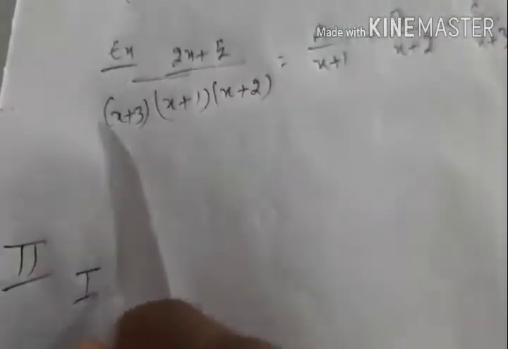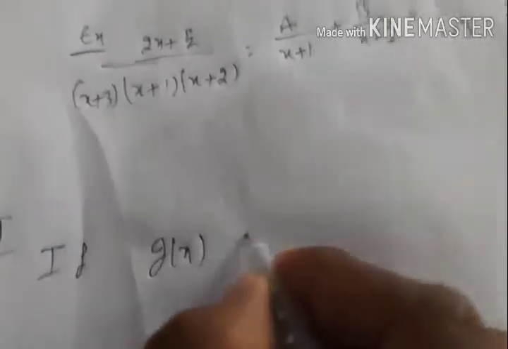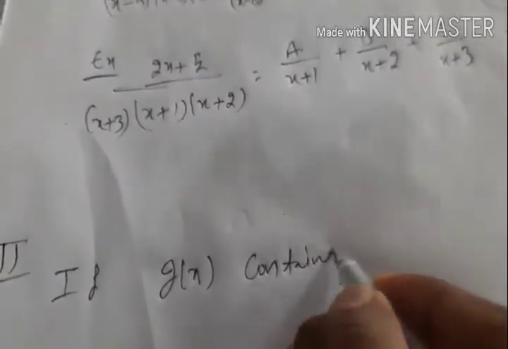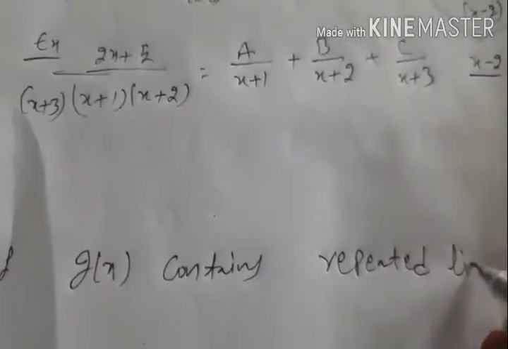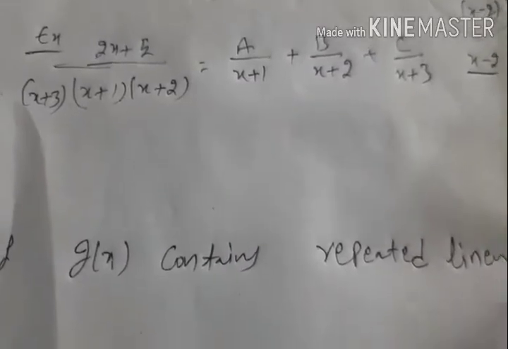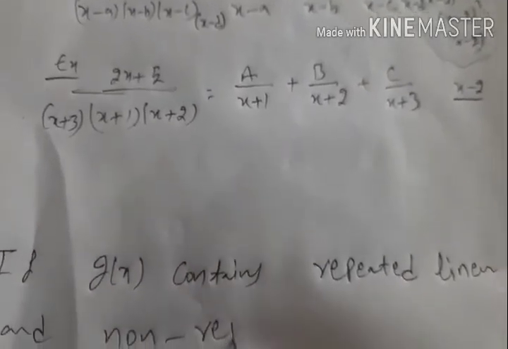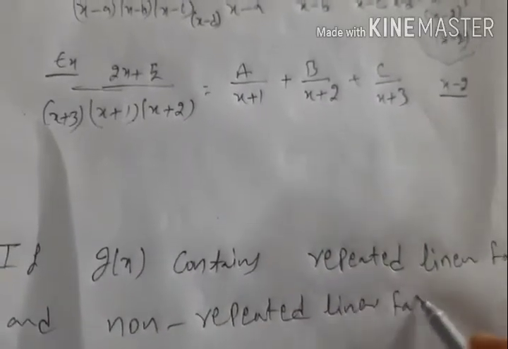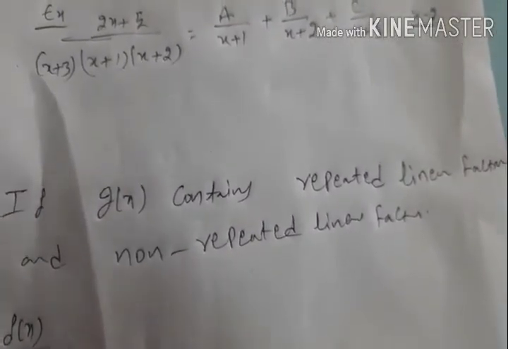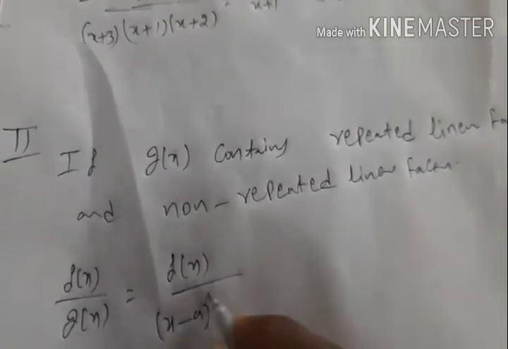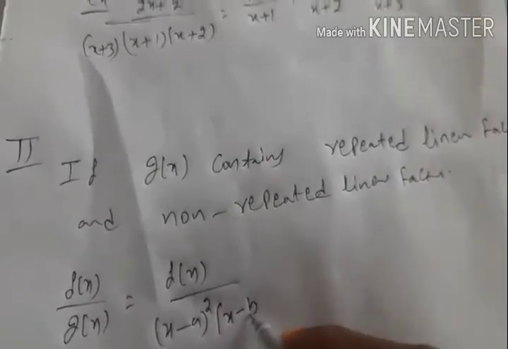Second method: if g of x contains repeated linear factors and non-repeated linear factors, that is f of x by g of x is equal to f of x by x minus a whole square and x minus b.